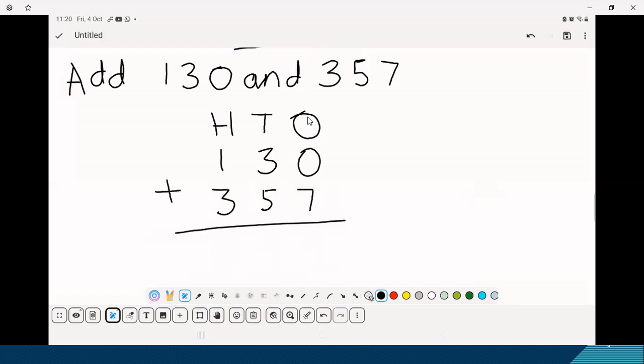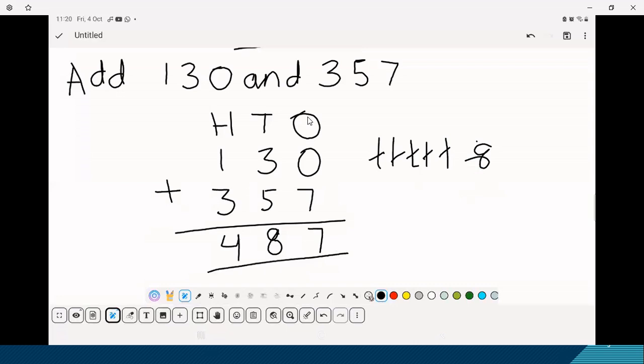So the addition of these two digits, 0 plus 7, is the same number 7, that is the addition rule. 3 plus 5, now count 5 after 3. 4, 5, 6, 7, and 8. So 3 plus 5 is 8. Now 1 plus 3 is the next digit after 3, that is 4. So here you will get the answer 485.